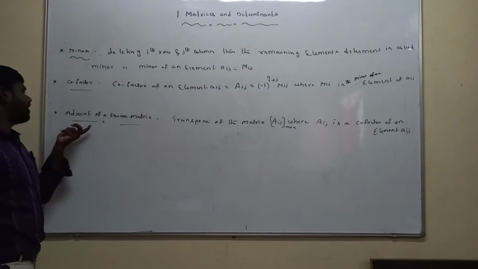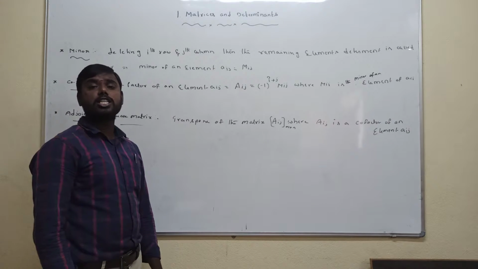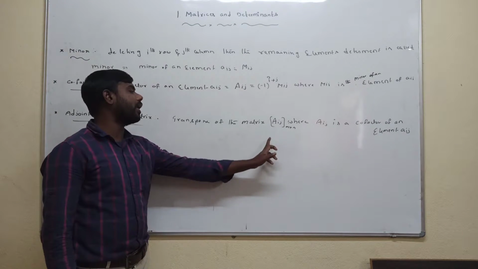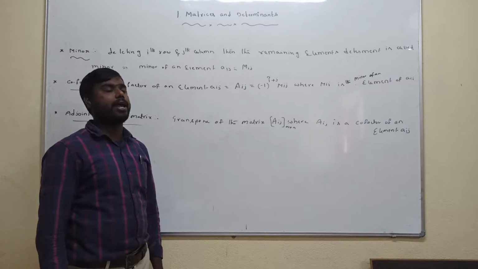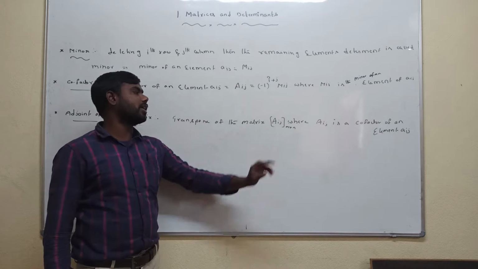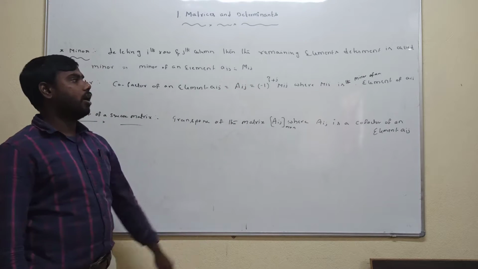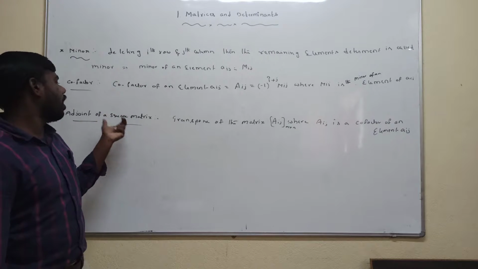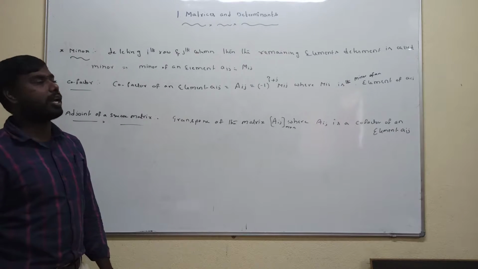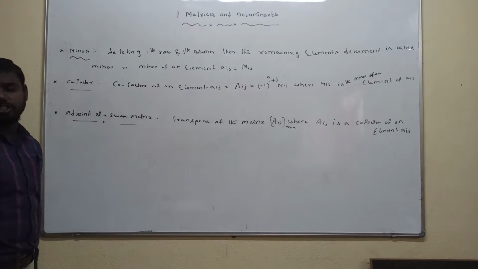Next, what is the definition of the adjoint of a square matrix? Nothing but the transpose of the matrix of cofactors Aij, where Aij is the cofactor of an element aij. This is the definition of the minor, cofactor, and adjoint of a square matrix. By using this definition, we need to calculate the adjoint.